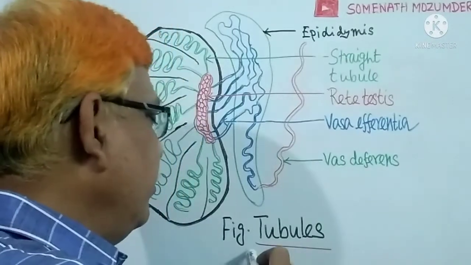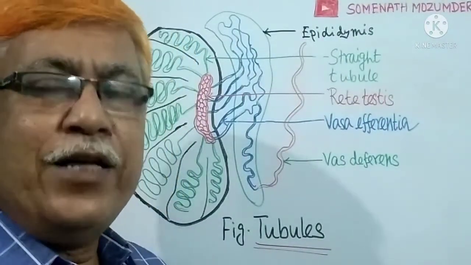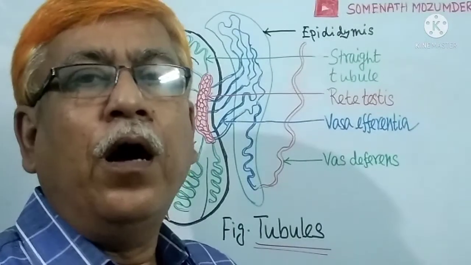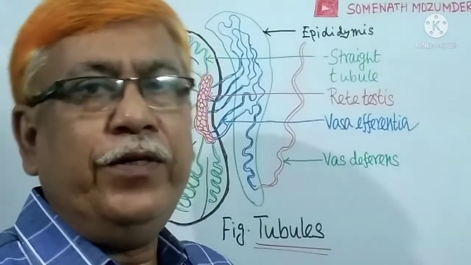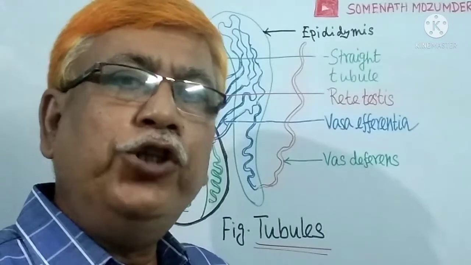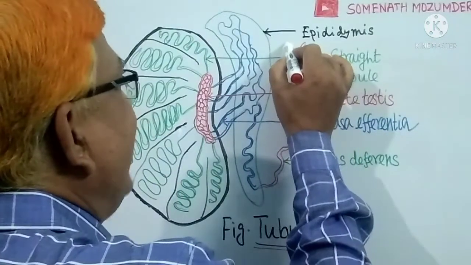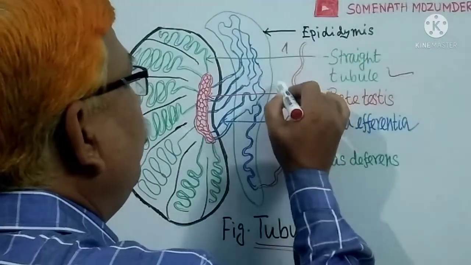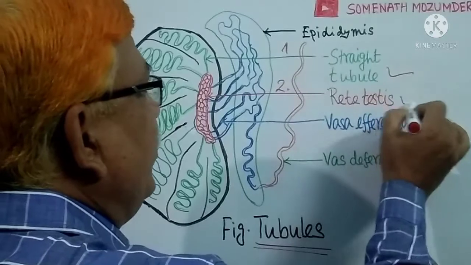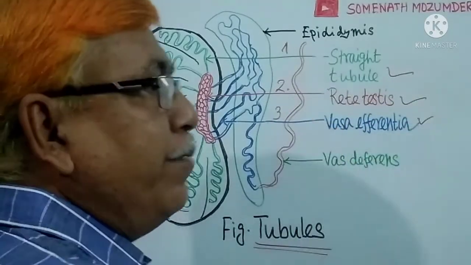This figure shows tubules. A transverse section of a portion of a testis shows three types of tubules. They are 1. Straight tubule, 2. Rete testis, and 3. Vasa efferentia.